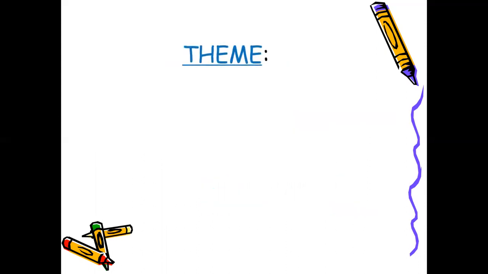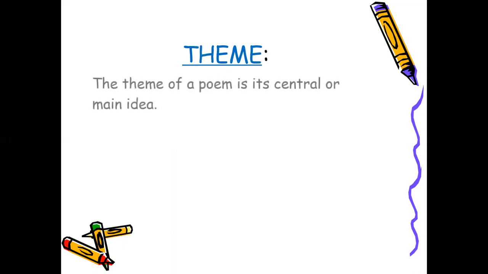Now let's go for the theme. So what is the theme? We all know this, huh? Yes, it is what we learn from the story. But in poetry, the theme is the central or main idea of the poem.